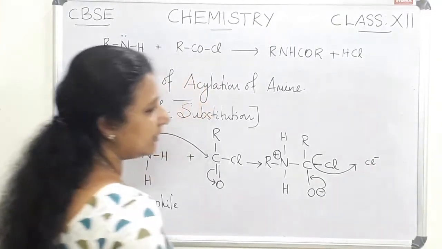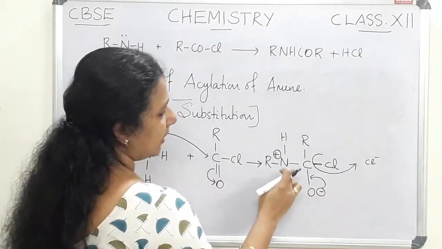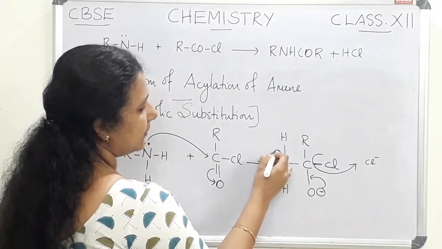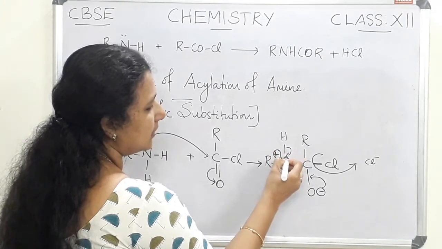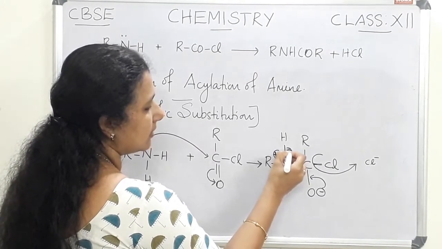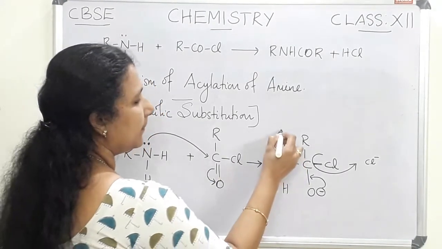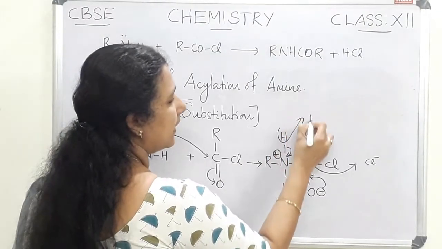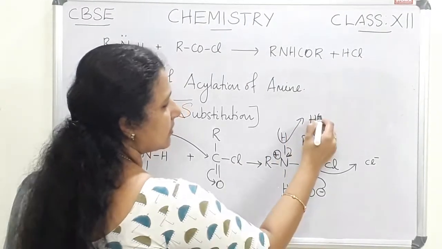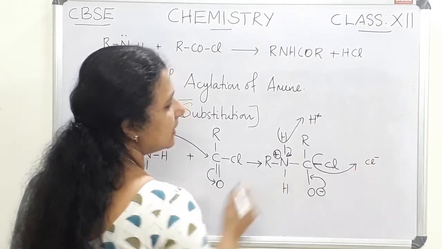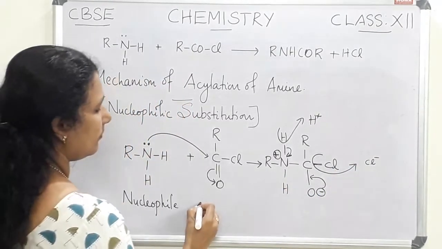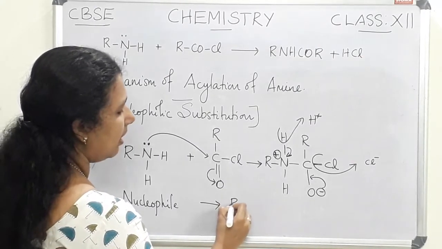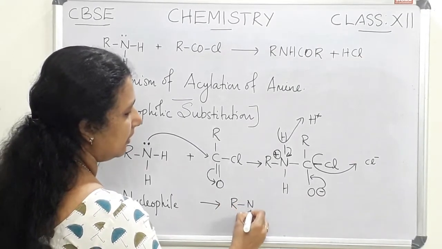Chlorine will be eliminated with the electrons, and here there is a deficiency of electrons and these electrons are shifted towards this nitrogen, and hydrogen will be eliminated as H plus. So H plus and Cl minus will form HCl.